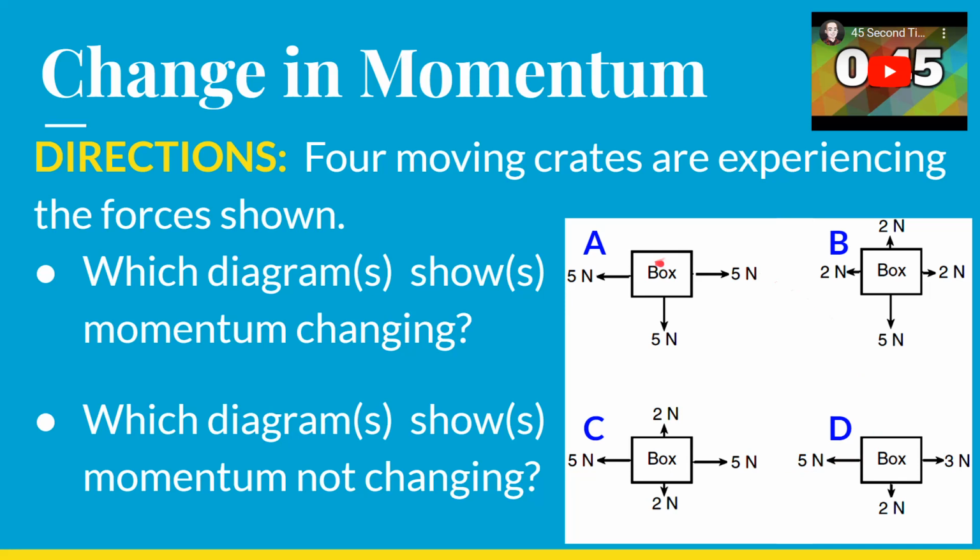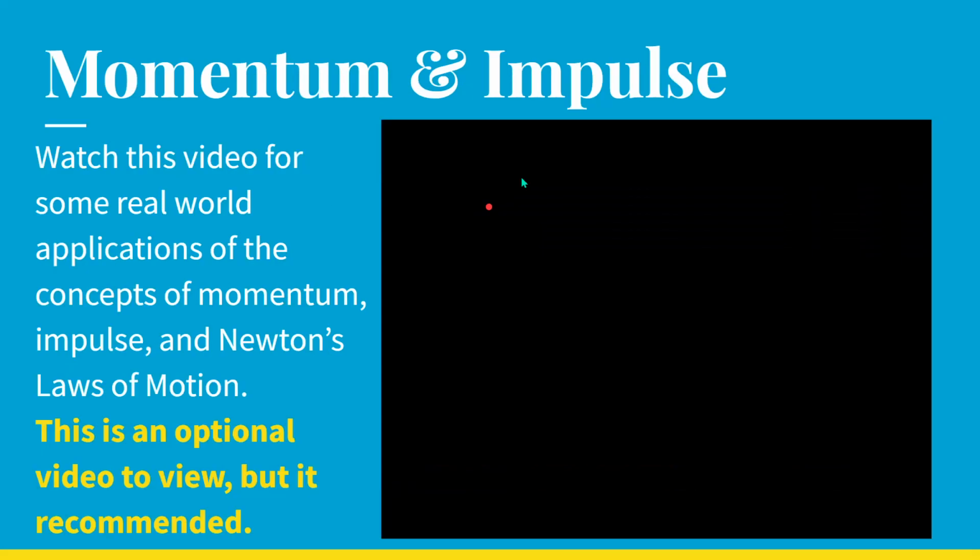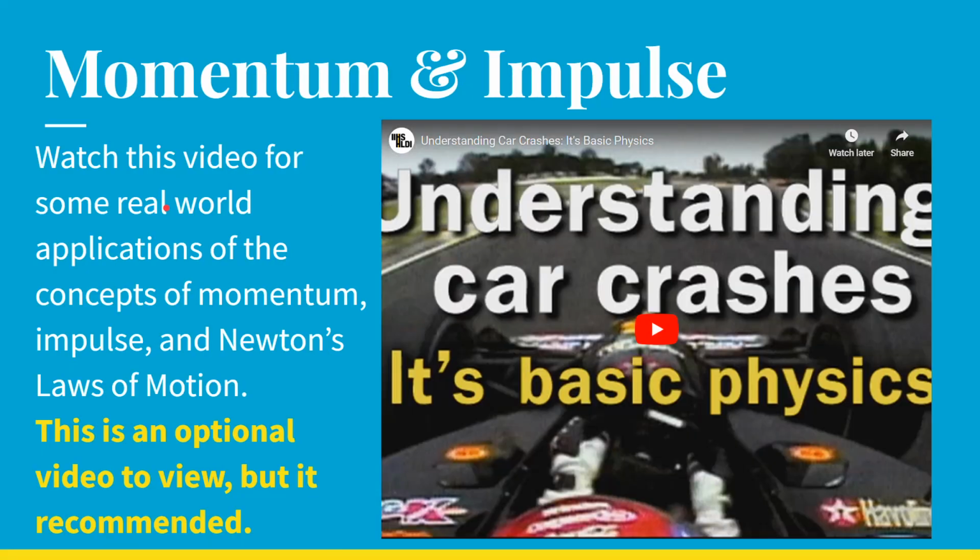So A, B, and D all show scenarios where your momentum would be changing. The only diagram that shows a scenario where your momentum would not be changing, or where you have constant momentum, would be diagram C. So again, you can go back to free body diagrams like these and answer questions relating to momentum based on whether or not you're going to have an acceleration.